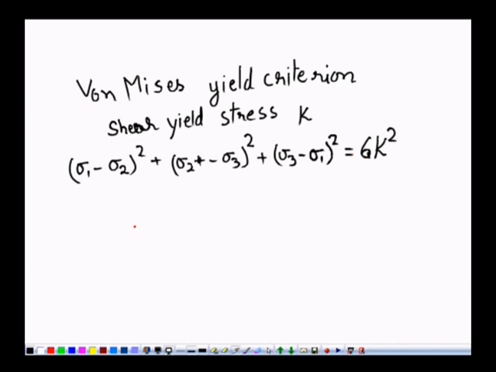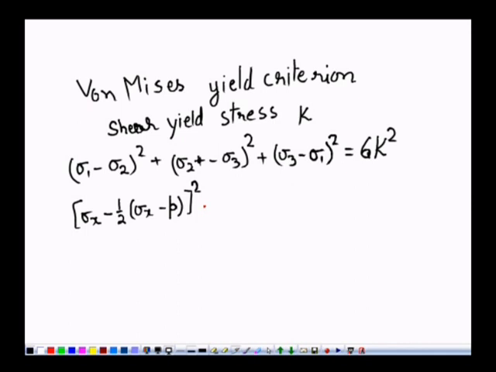So, if we put all the values: sigma x minus half of sigma x minus p, whole square, is the first term.